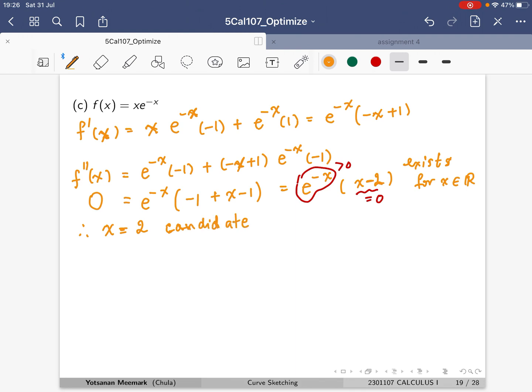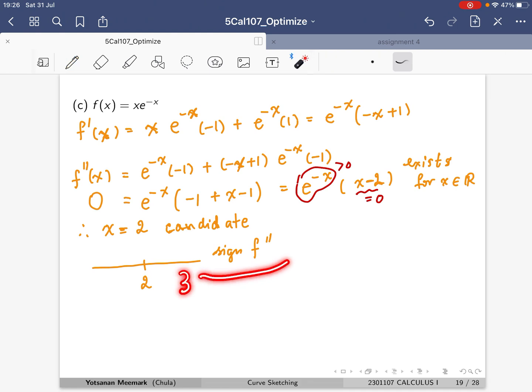Then look at the sign of your f double prime at 2 passing. For example, if you plug in, oh, you cannot use 1, right? It can be 3. This one is always positive. This is 3 minus 2, which is positive.